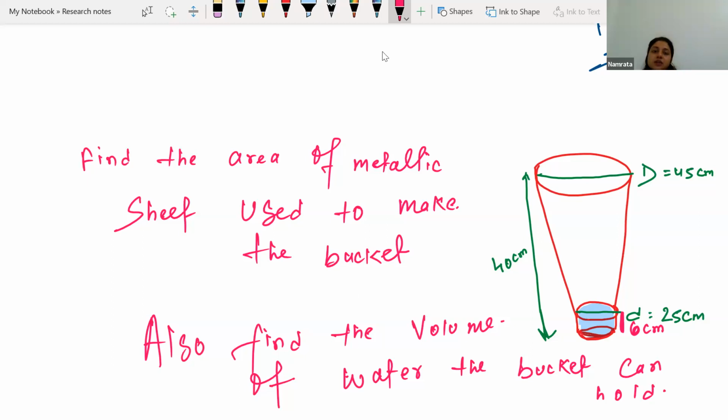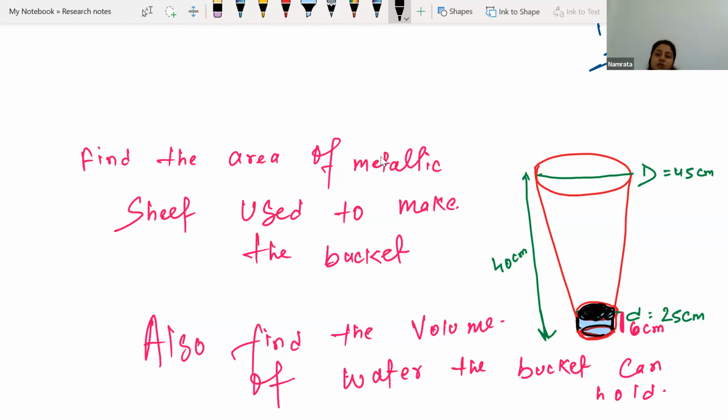Are we missing anything? Yes, whatever you said is perfectly fine. But is there anything which needs to be considered over here? This is the bottom, and the bottom is just the base which will help to keep the bucket on the ground.